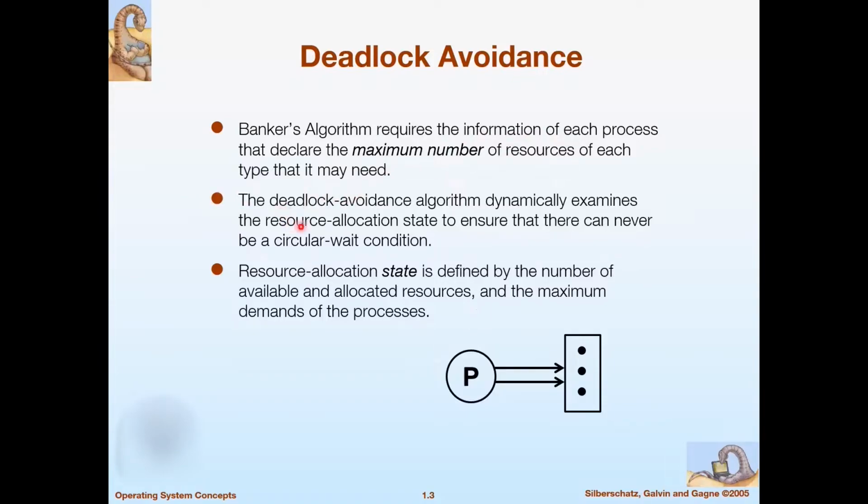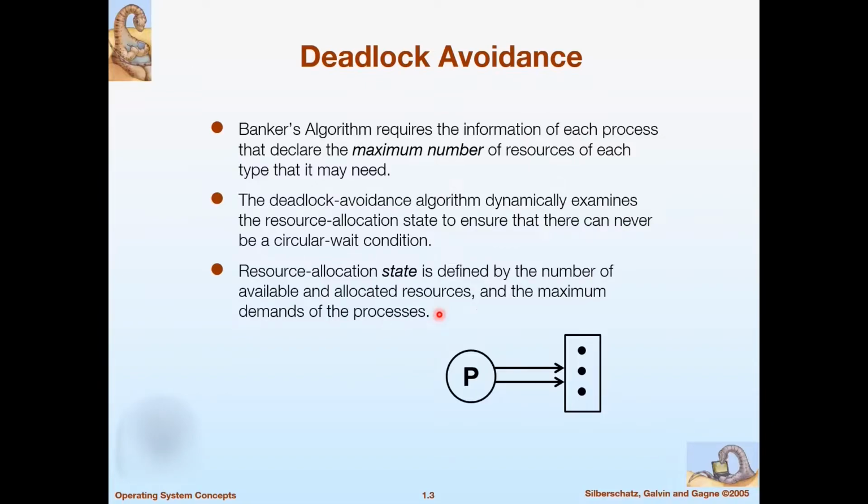The deadlock avoidance algorithm dynamically examines the resource allocation state to ensure that there can never be a circular wait condition. And the resource allocation state is defined by the number of available and allocated resources and the maximum demands of the processes. So the system decides in advance if allocating a resource to a process will lead to a deadlock.